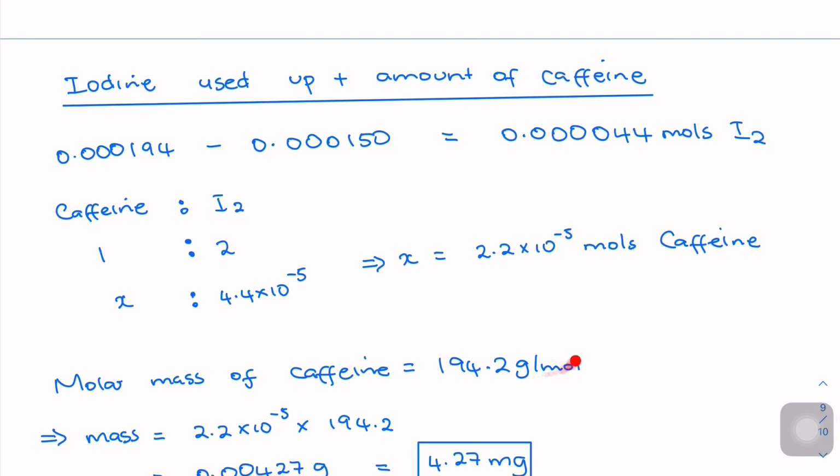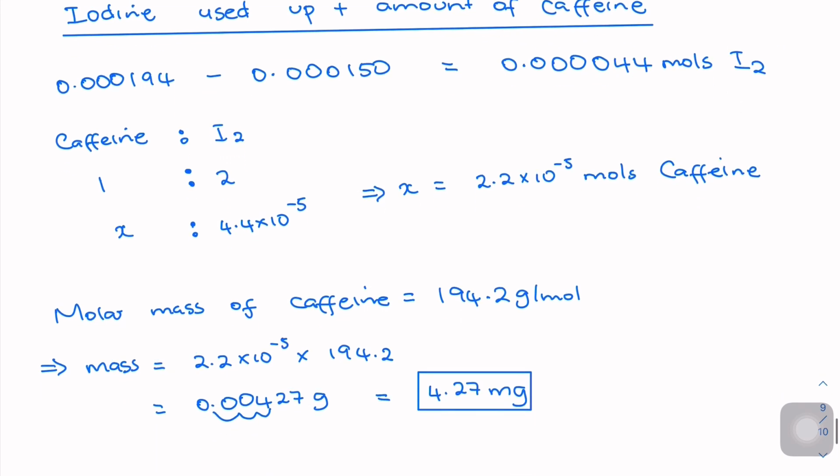The molar mass of caffeine is 194.2 grams per mole. So to figure out the mass, we multiply the moles by the molar mass, and we get this value here, which when we convert it to milligrams is 4.27 milligrams.